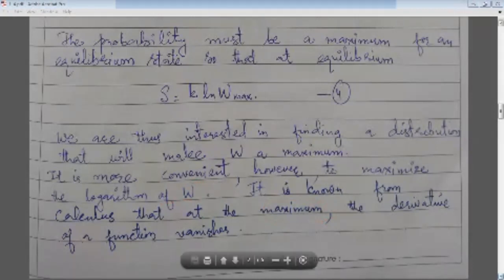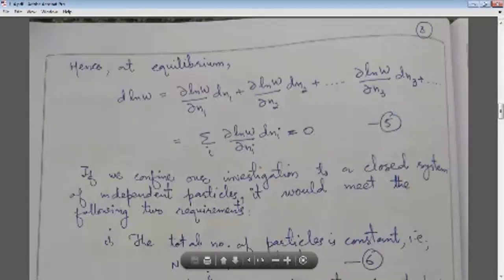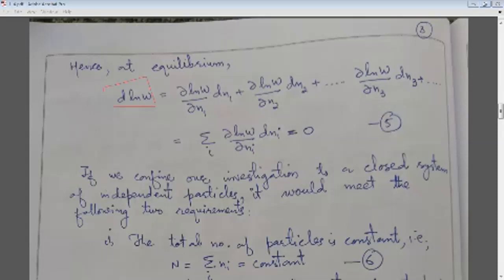and we will write its first differential, or change in, ln W. We will take the logarithm of W first, and its differential should be equal to 0 for a maximum quantity. But we know from partial differentiation we can solve it. That means we can take the partial derivative of ln W upon dou n1 into dn1, plus dou ln W upon dou n2 into dn2, plus dou ln W upon dou n3 into dn3, plus so on up to ni.